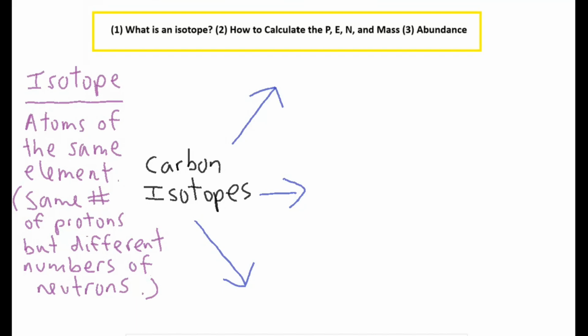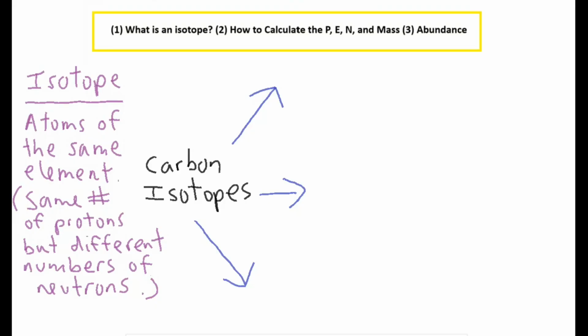So once again, they're atoms of the same element, so they have the same number of protons, but different numbers of neutrons, which means that they have varying masses. So it's basically just variations of the same element that are larger or smaller based on their number of neutrons.